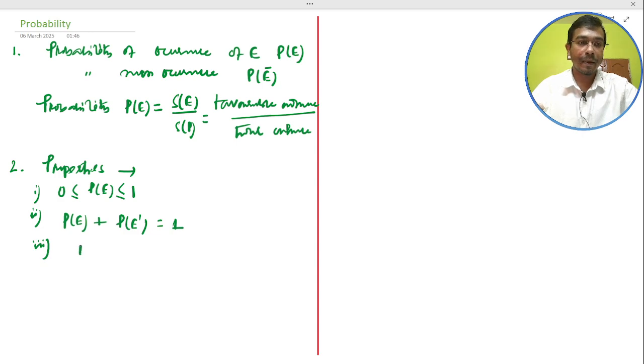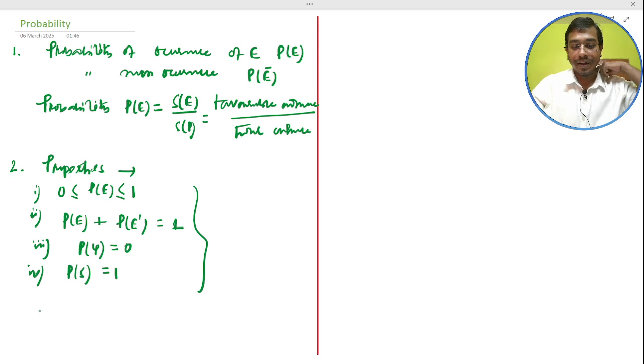Number 3: P of phi, the null set, is 0, and P of S is equal to 1. These are the properties. If A is any event, P of A dash becomes 1 minus P of A.